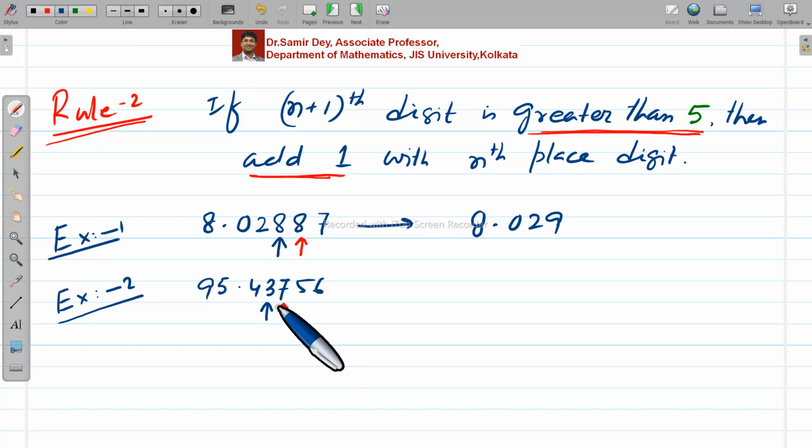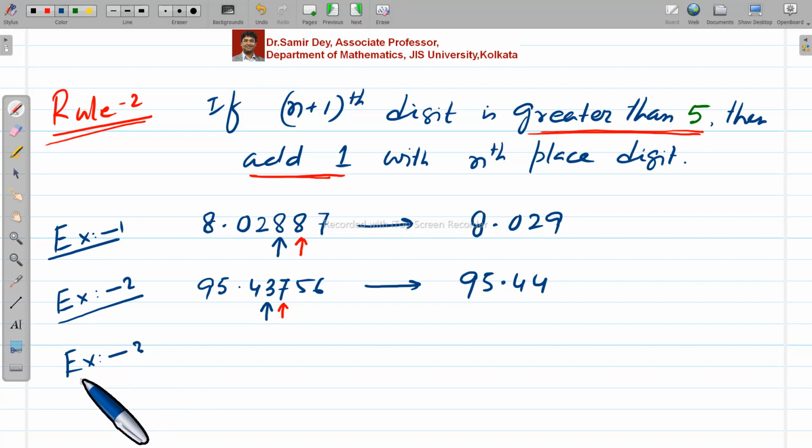Here it is clear to us that this number is above 5. Then what will be the answer? Your answer will be 95.44. Clear? Now another example.